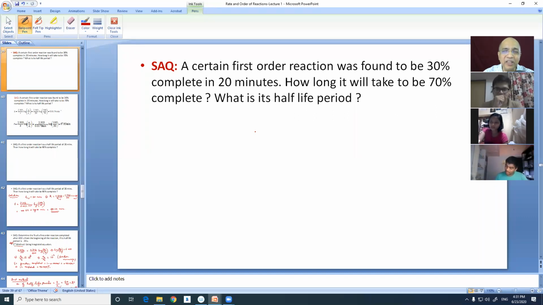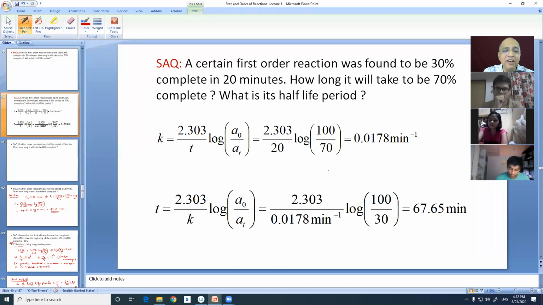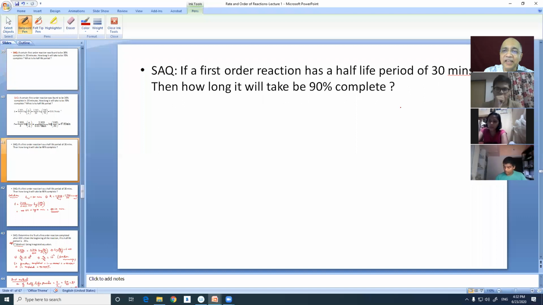You might be thinking that it is changing linearly, and if for this many minutes are required for 30%, so how many minutes will be required for 70%? Now hopefully none has done that, and this question I gave you as a task.